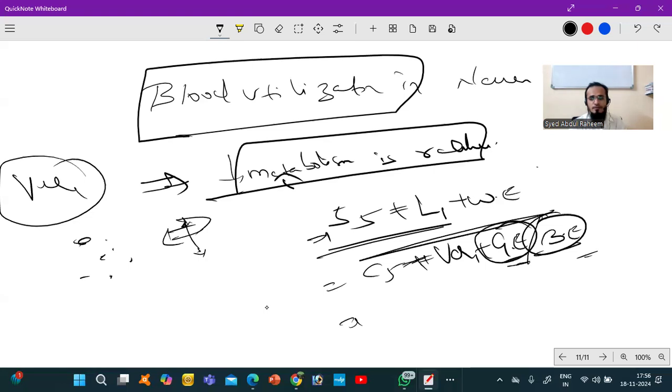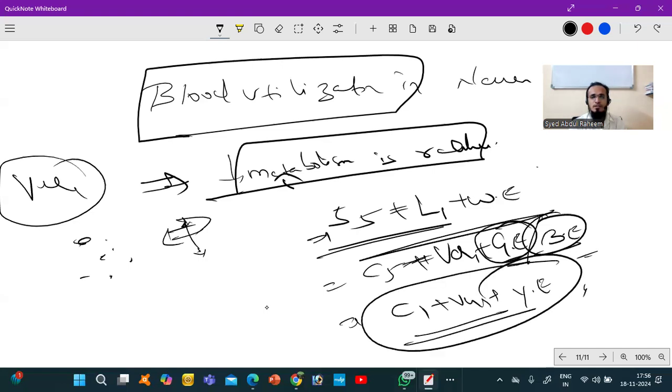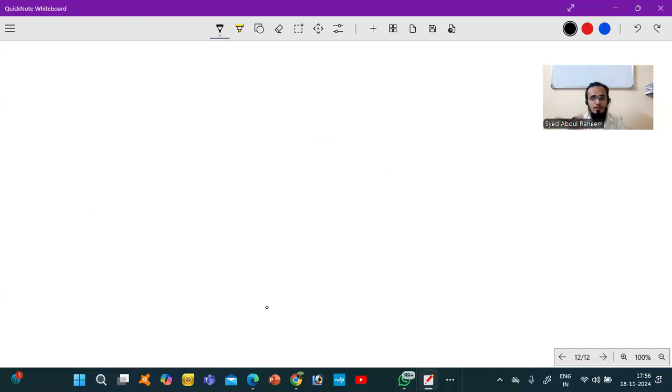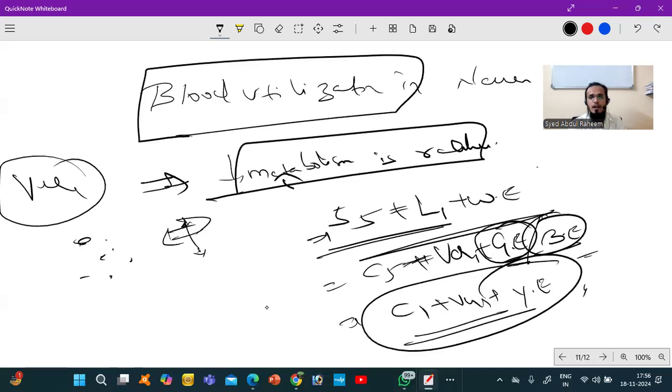Along with that, you have to go to a deeper level, so you need C1, VER1, YE to decrease the level of infection. So we need multiple ways to treat the infection: C1, C5, VEN1, GE.